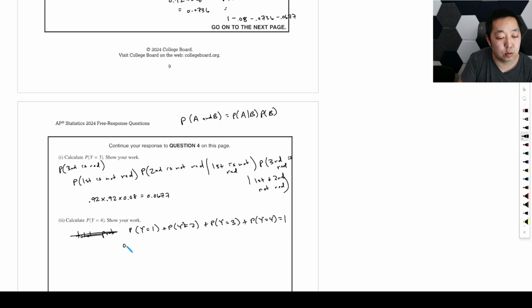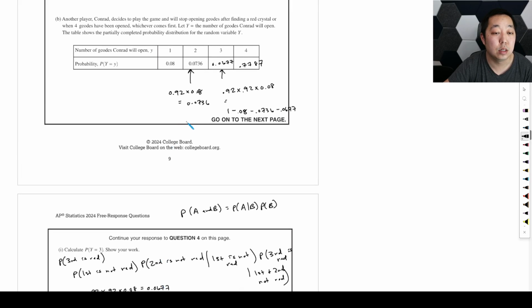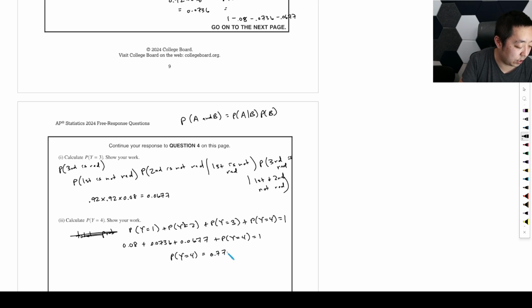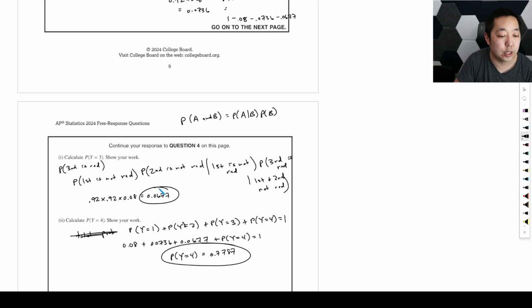And so then this is 0.08 plus 0.0736 plus 0.0677 plus the probability of y equals 4 is equal to 1, and then you can say the probability of y equals 4 is going to be 0.7787, like that. Circle your answer there, like that.